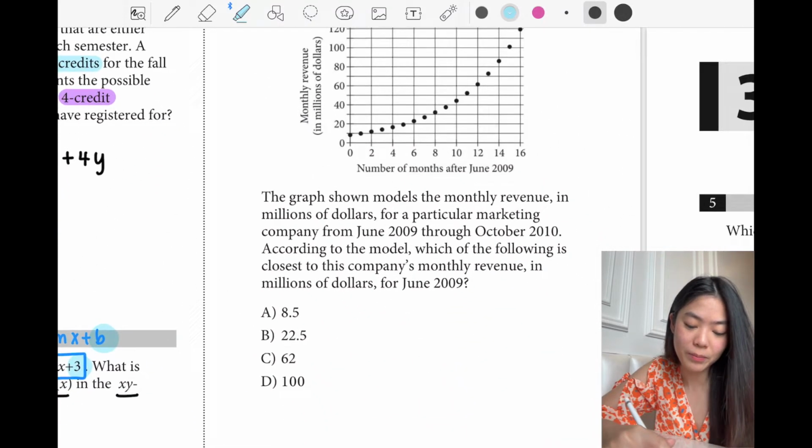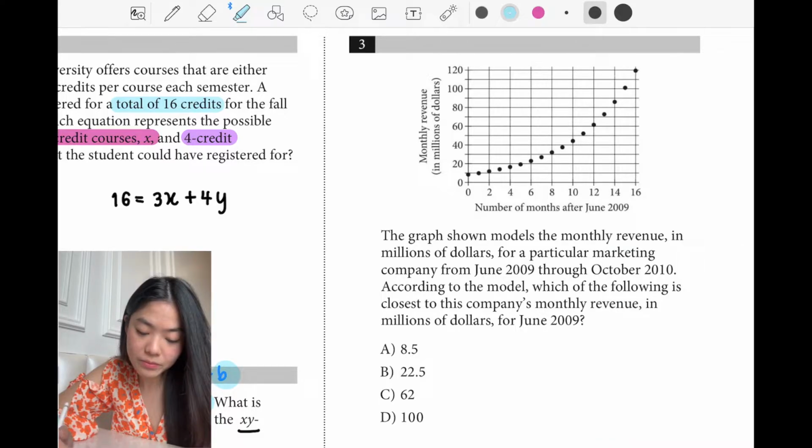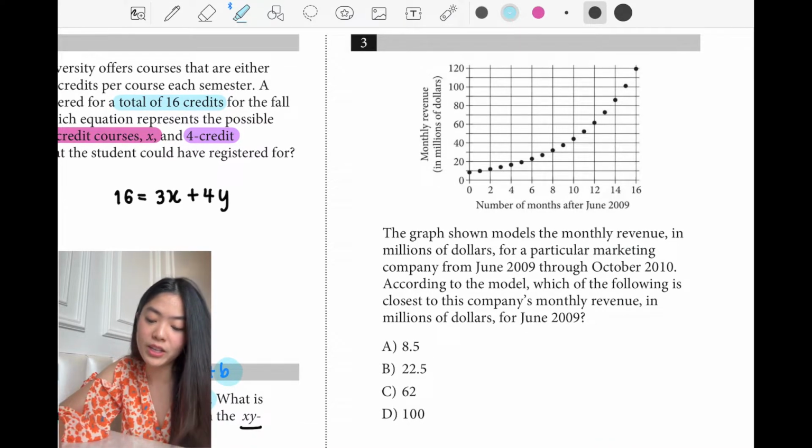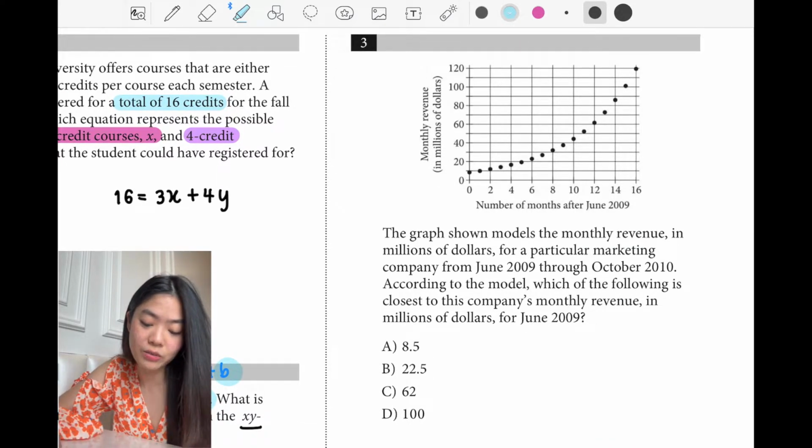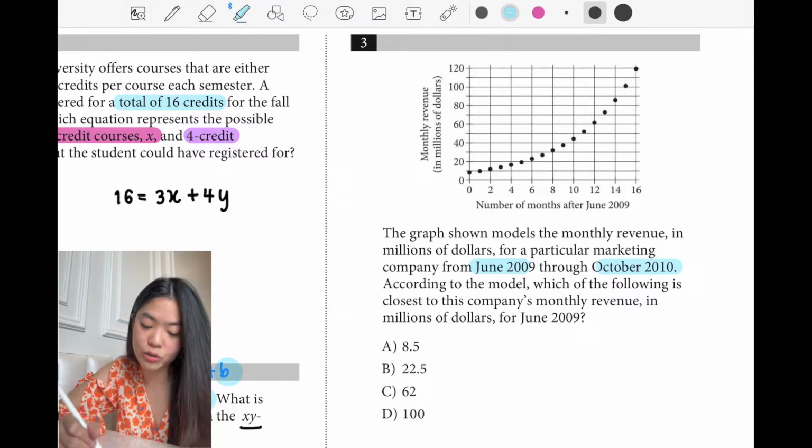Okay, next one. Question 3. The graph shows the model of monthly revenue in millions of dollars for a particular marketing company from June 2009 through October 2010, according to the model. Which of the following is closest to the company's monthly revenue in millions of dollars for June 2009?